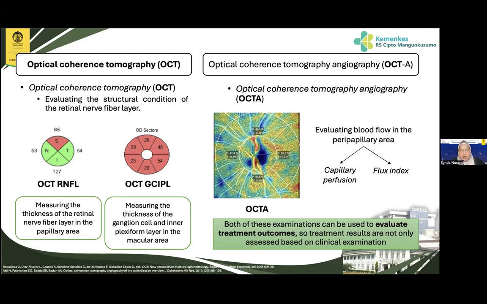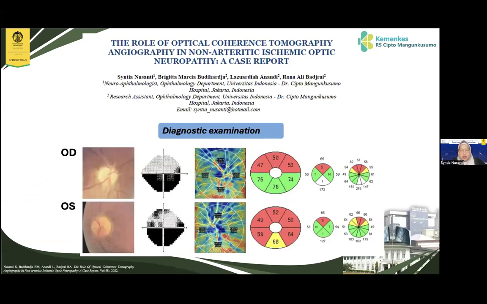Right now, we're using OCTA to evaluate the blood flow in the peripapillary area. We see the capillary perfusion and also the flux index. This case report highlights the role of OCTA in NAION follow-up. At 1 year, we can observe the persistence of optic disc changes, visual field defect, and reduced perfusion on the OCTA, and the retinal fiber layer and GCIPL thickness measurements show ongoing structural damage.